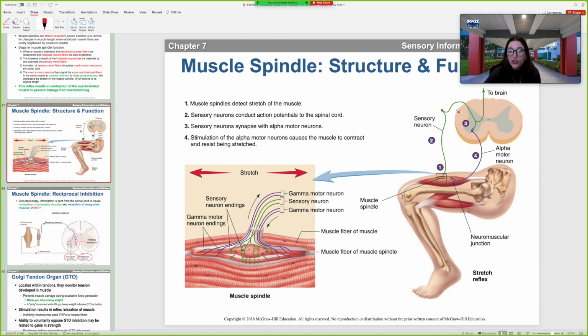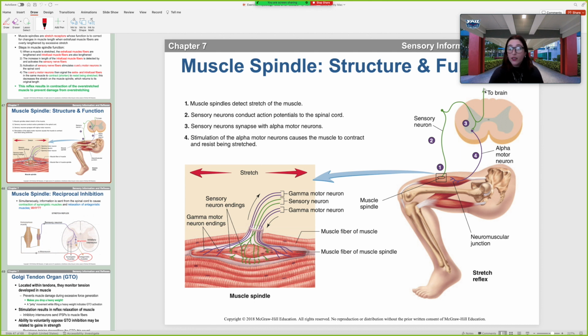And now the sensory neuron synapses with the alpha motor neuron. It's going to say, hey, alpha motor neuron, we've got to contract this muscle to resist the stretch. So the sensory neuron synapses with the alpha motor neuron, and then the stimulated alpha motor neuron causes the muscle to contract and resist the stretch, right? And then you see here that there's also sensory information going to the brain.